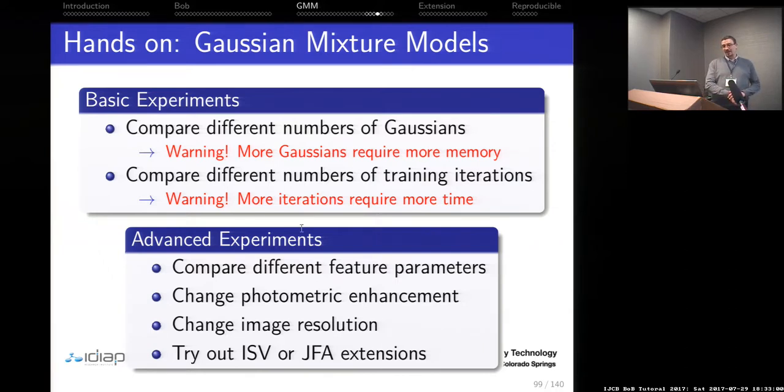And some advanced experiments are to use different feature parameters, not the default DCT blocks, but try to get a higher overlap, lower overlap, or something like that. Change the photometric enhancement, change the image resolution, which requires to write a new preprocessor, or instantiate a new preprocessor, I have to say. And you can try out some of the ISV or JFA extensions.